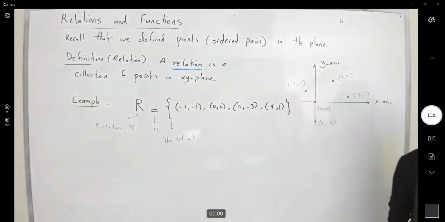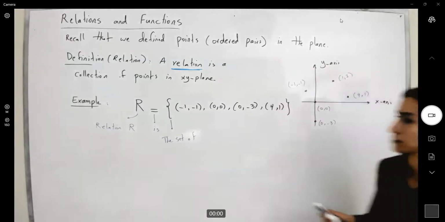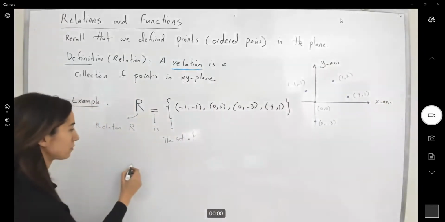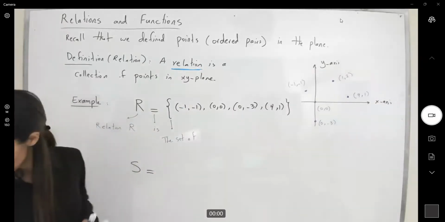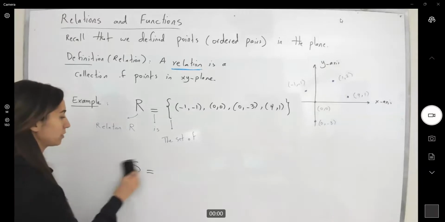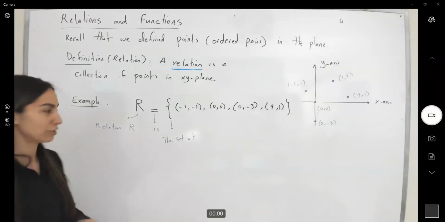I'm going to define a second relation, S. Relation S is equal to, and I'm going to move it a little bit further down, because I need a little bit of space, as I'm going to define the domain and range.